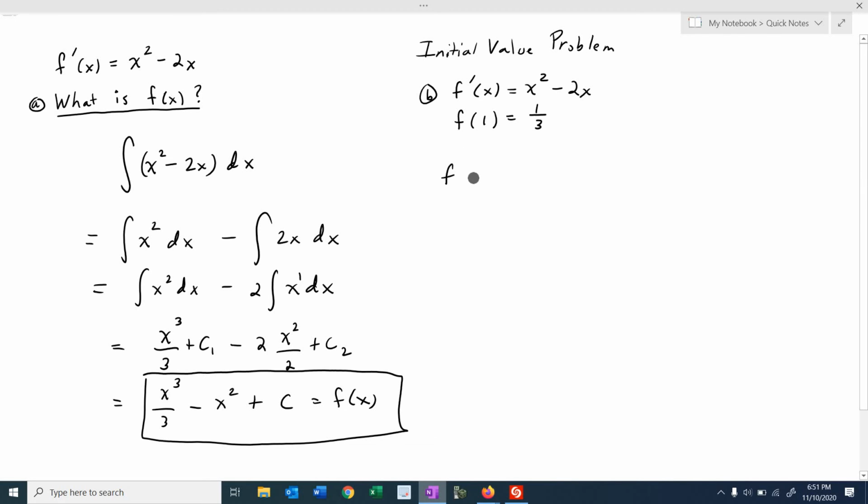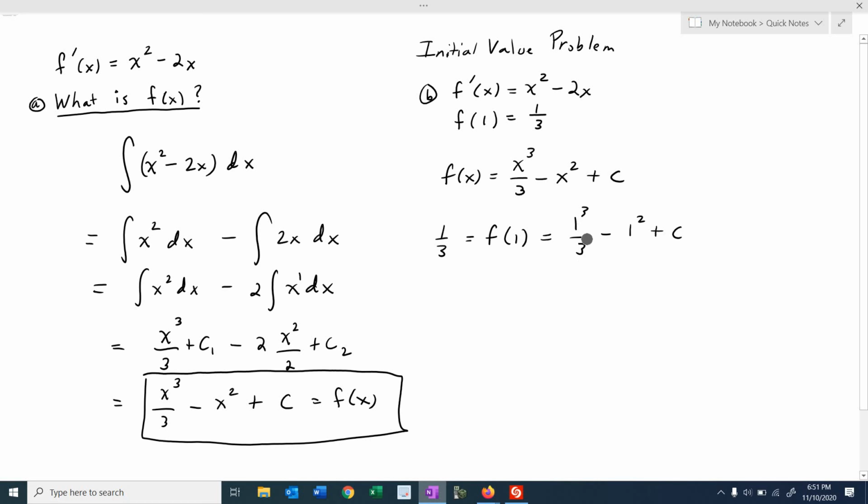Okay, well, we already know the function has to look like this if it's going to satisfy this differential equation. And now we know that when we plug a 1 in for x, so let's plug a 1 in here, we know that we get a 1/3 out. And that way, once we have this, we can solve for what c is, the constant.